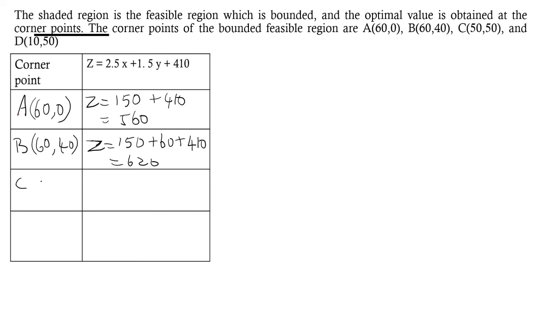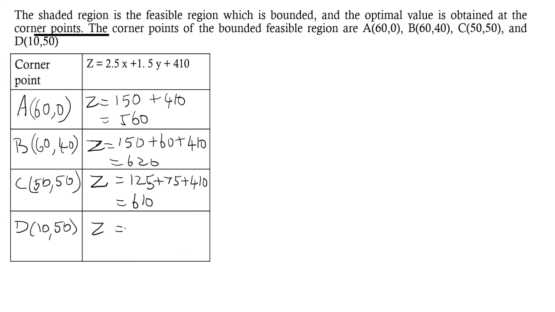Next corner point C, 50, 50. Substituting in Z, 2.5 into 50, 125 plus 1.5 into 50, 75 plus 410. The value is 610. Next corner point is D, 10, 50. That is 2.5 into 10, 25 plus 1.5 into 50, 75 plus 410. This is equal to 510.